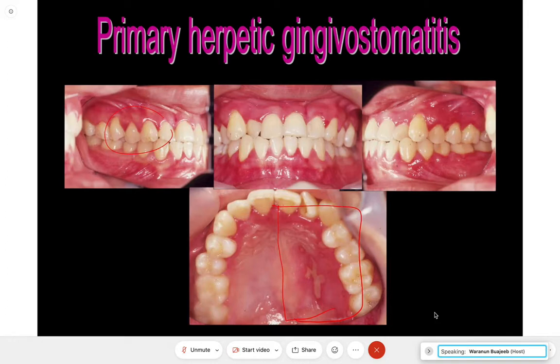Fever can occur in both, but for herpes zoster, mostly there is interference of sensation, like pain, tenderness, paresthesia along the nerve distribution before getting the lesions. But for herpes simplex virus infection, you can see fever, malaise, and marginal gingivitis, with lesions all over the oral cavity, not just in the area of the nerve affected.